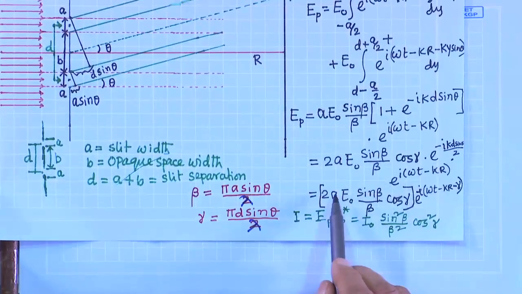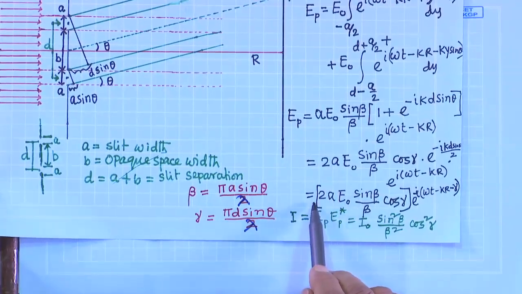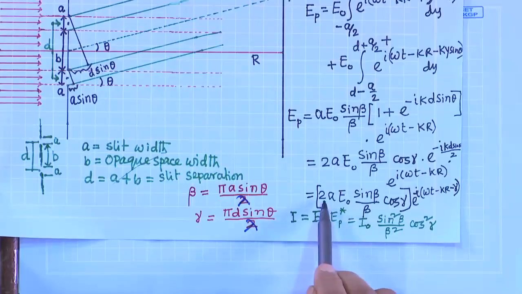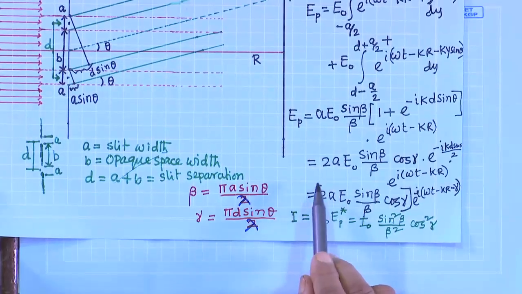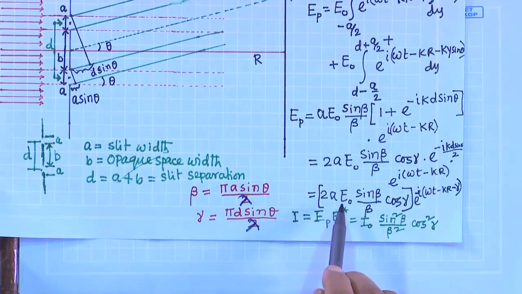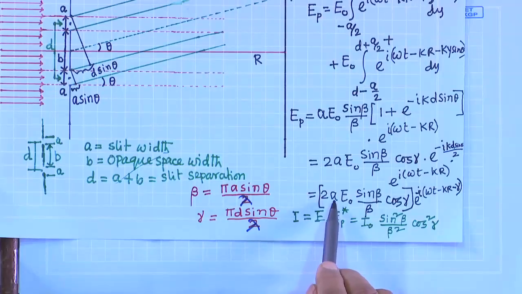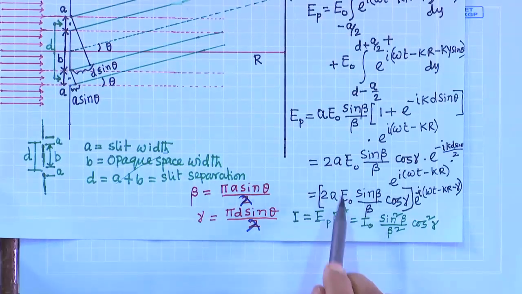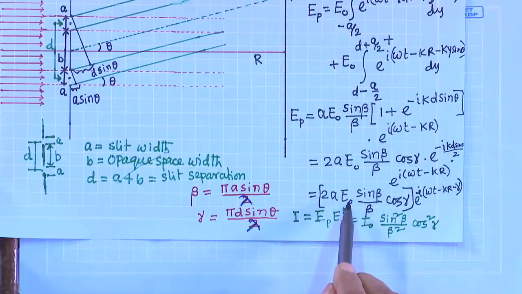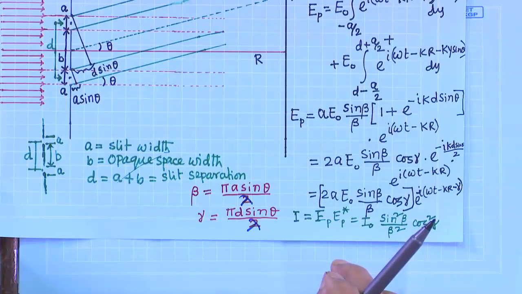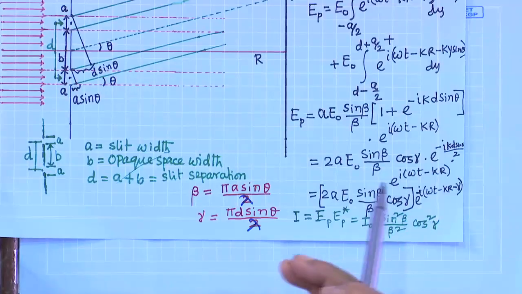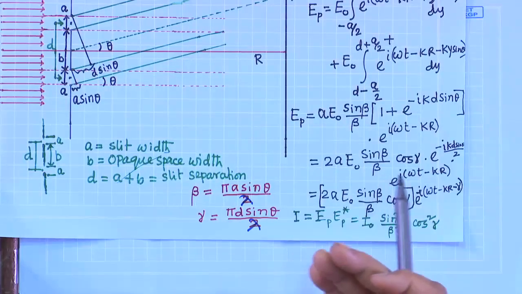So ultimately we are getting this term 2a E 0. Here you can notice, for single slit it was a E 0, for double slit it is 2a E 0. E 0 is the amplitude per unit length, the strength of the amplitude of the wavelets.